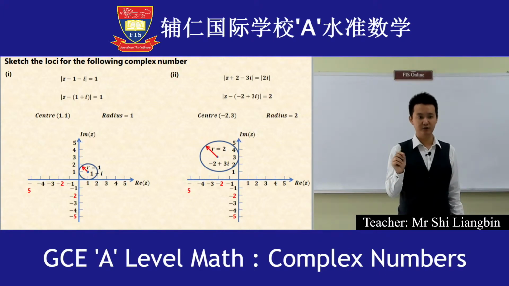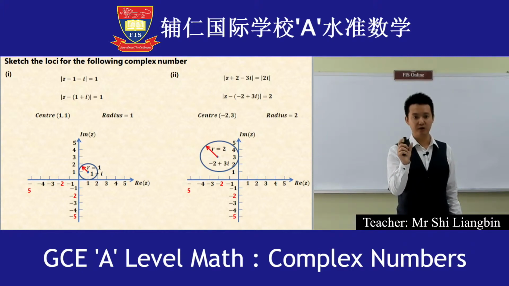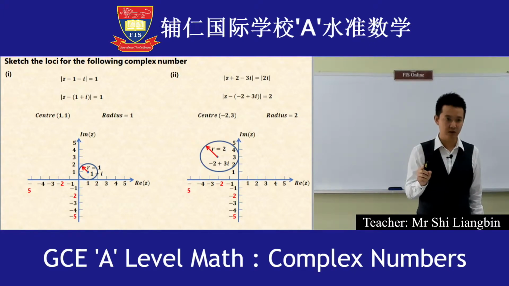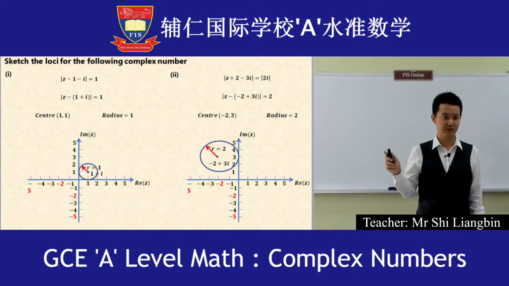The center has to be at (1, 1), and the radius is equal to 1. First, you locate the point (1, 1) as the center. Then you measure 1 as the radius. After all, you draw a circle. It will be the null site of this equation.